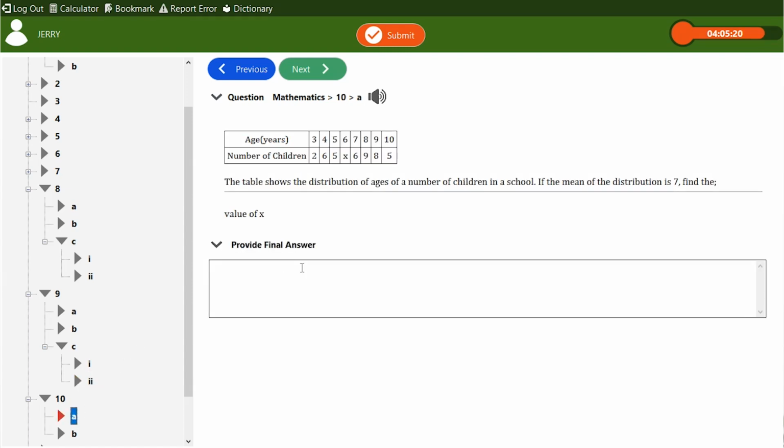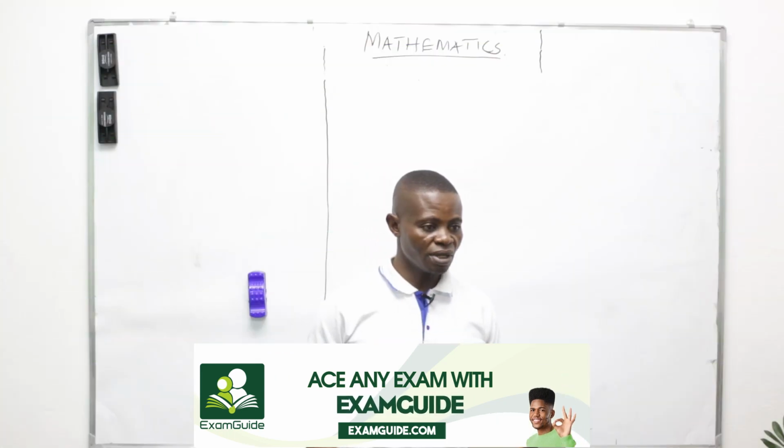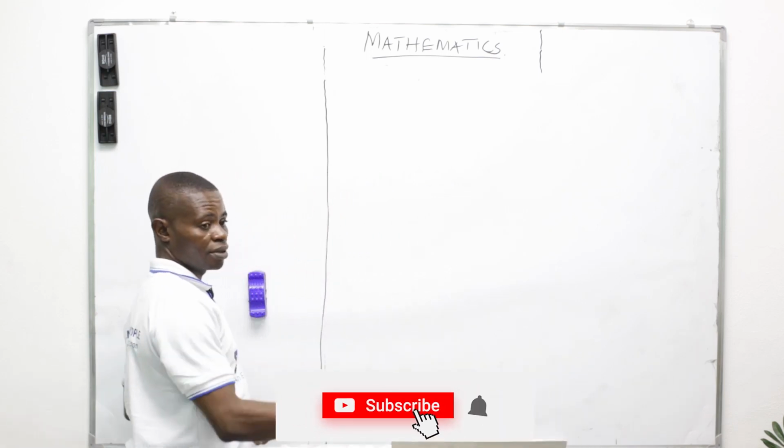Question 10. Okay, this is another one. Let's clean this. The table shows the distribution of ages of a number of children in a school. If the mean of the distribution is 7, find the value of x, okay? This one is just a statistics question.